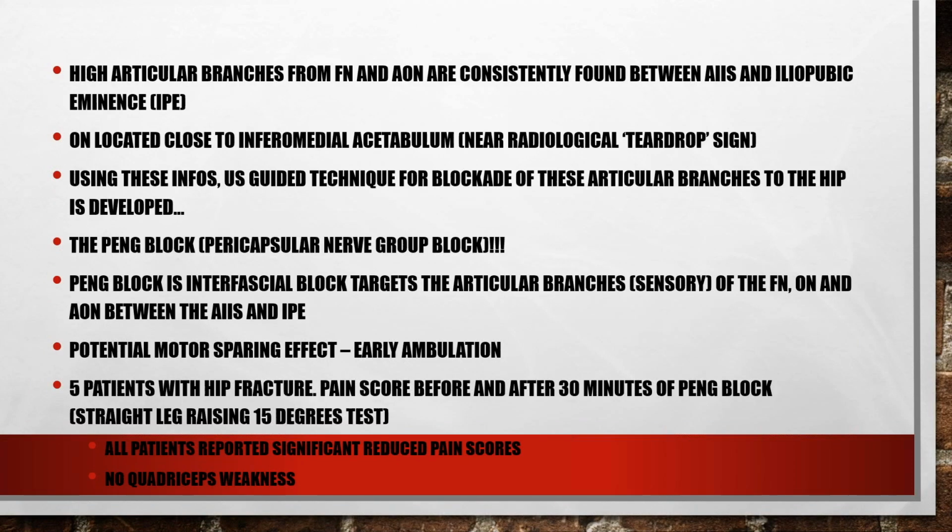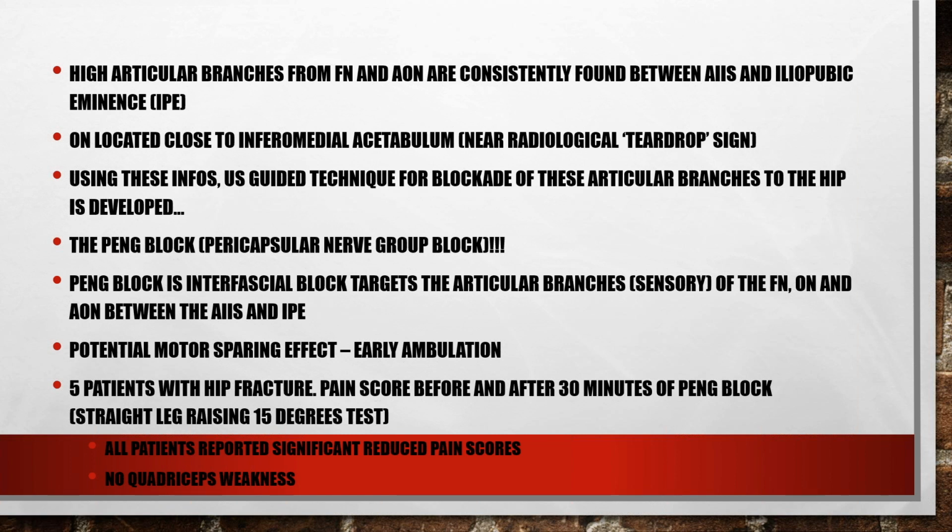They said the high articular branches from the femoral nerve and accessory obturator nerve are consistently found between the AIIS and iliopubic eminence. Because of this information, they came up with this ultrasound-guided technique for blockade of these articular branches to the hip. So this is the PENG block.